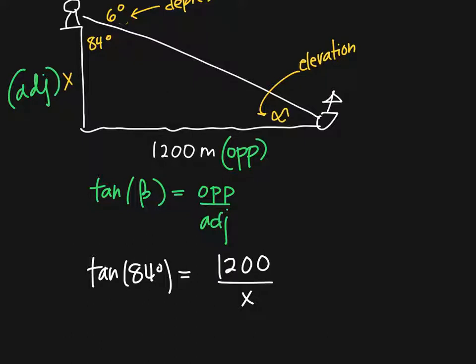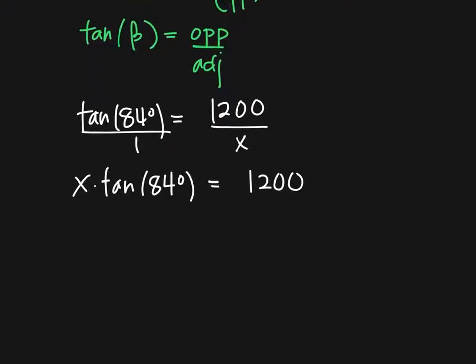So when I drop a 1 and cross multiply, I'll have x times tan 84 degrees equals 1200. Then I'll divide both sides by that tangent so that I have x by itself. So 1200 divided by the tangent of 84 degrees, and that will give us the height of the cliff.